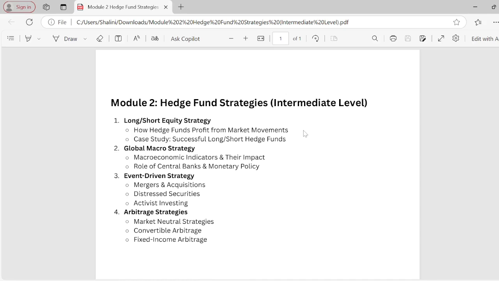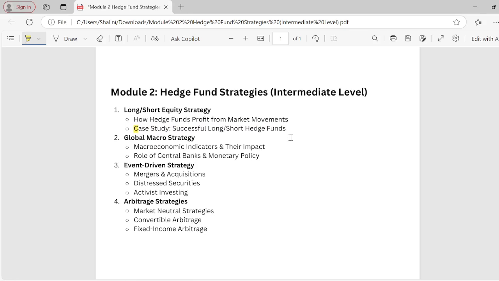But firstly, I will discuss an example and case study of a successful long short hedge strategy. Suppose a hedge fund identifies company A as undervalued and company B as overvalued. So it buys long.